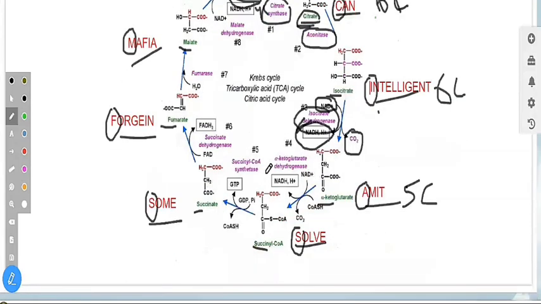Next, from alpha ketoglutarate, succinyl CoA is formed. Here an additional factor is required for this molecule to be synthesized.